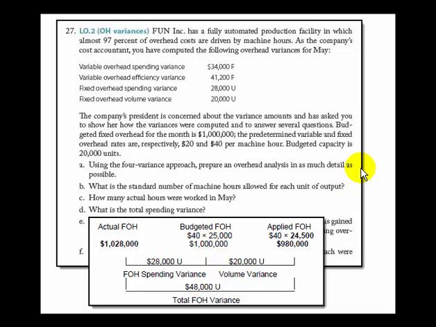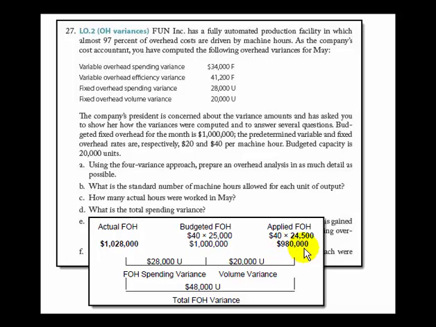We also know that the fixed overhead spending variance was 28,000, given right there. So if we know the budgeted fixed overhead was $1 million and we were 28,000 unfavorable, we add the 1 million to the 28,000 to come up with 1,028,000. See how that works? Okay, now once we know that, we also know we were 20,000 unfavorable for volume, so we know that 1 million minus 20,000 is what would appear under applied fixed overhead, which is 980,000.